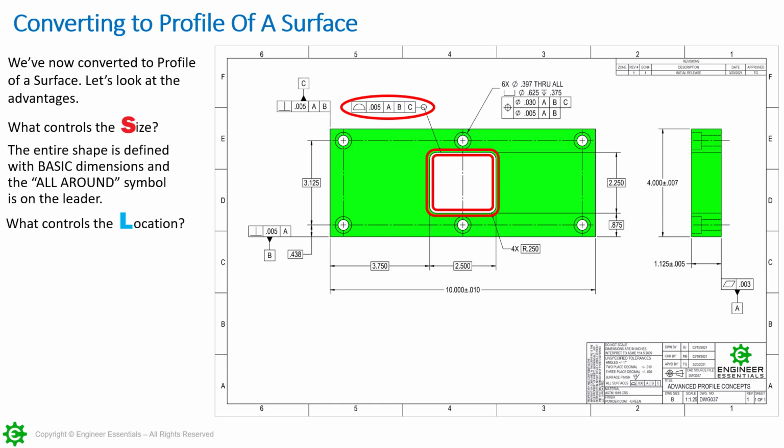Okay, so next is the location. So we have the 3 3/4. Remember that one before, locating the coordinate, but now it's converted to basic. And now this is not coming from a datum feature anymore. That's important to point out. This is coming from datums.